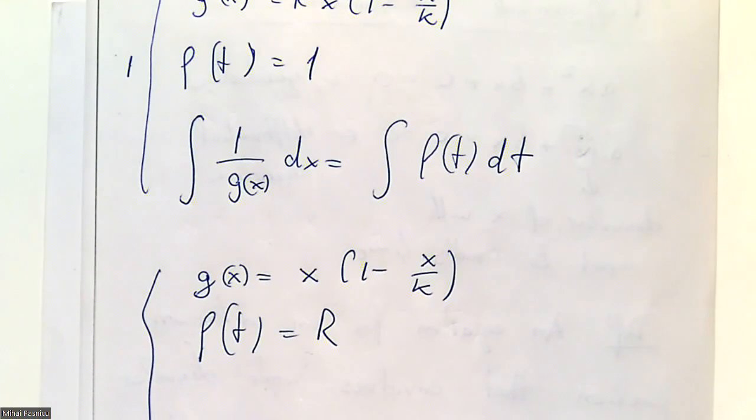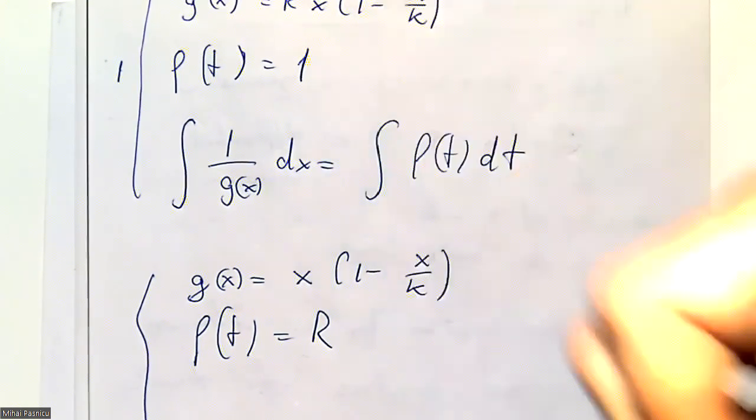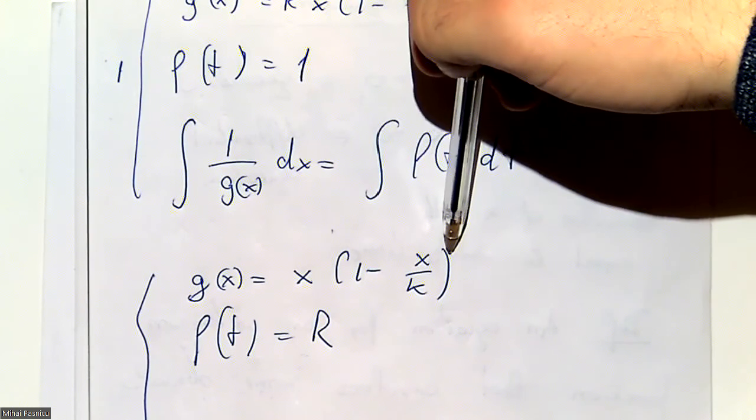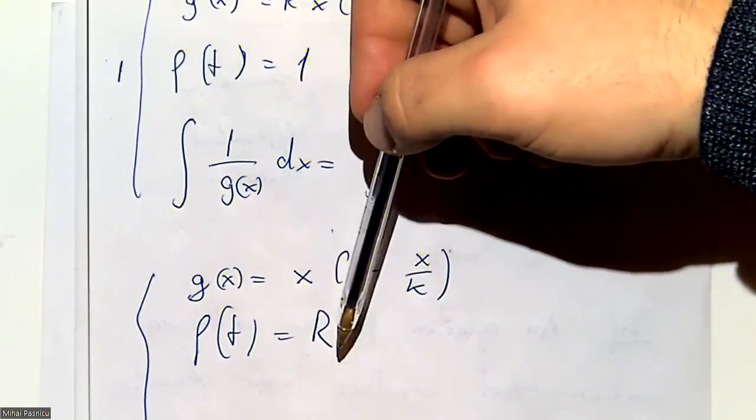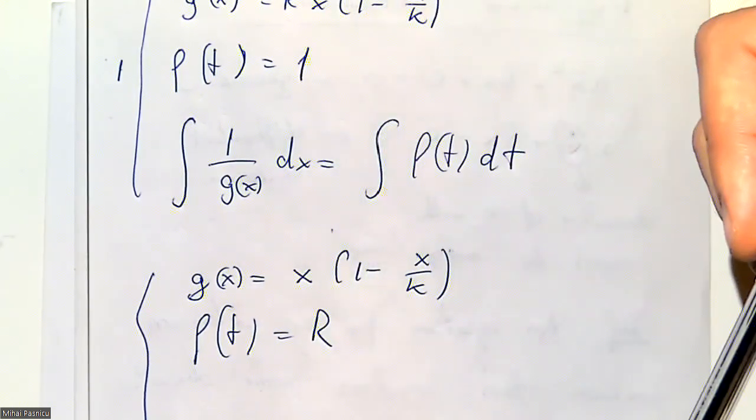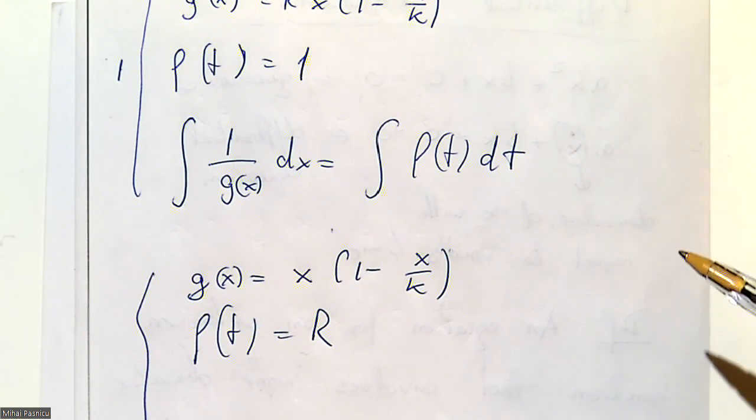First of all, is this a correct identification? Well, sure, why not? This depends on x, no t. This doesn't depend on x, it depends only on t. So it's a good identification.